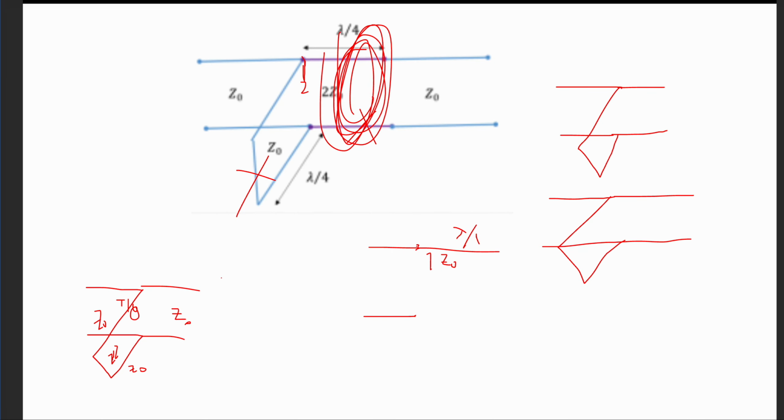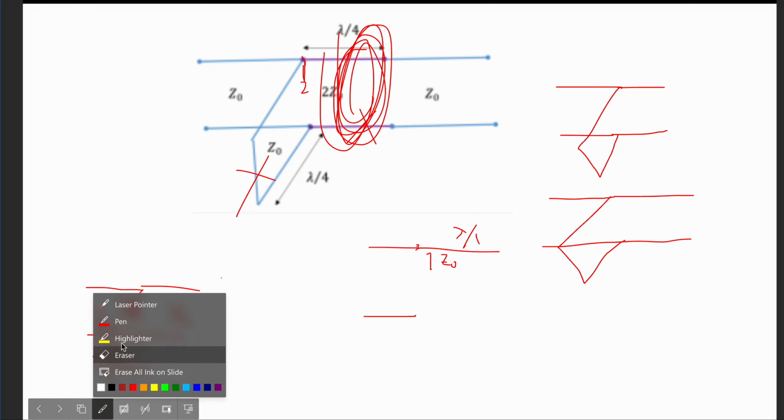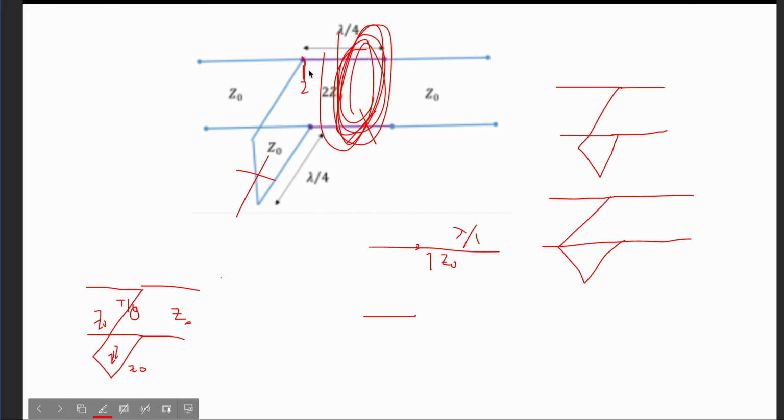One thing I also want to mention for this problem: suppose your length is some lambda by 8. Then in that case your input impedance will not be infinity, and your circuit will look like this. You have some Z here, and then you have some transmission line here.